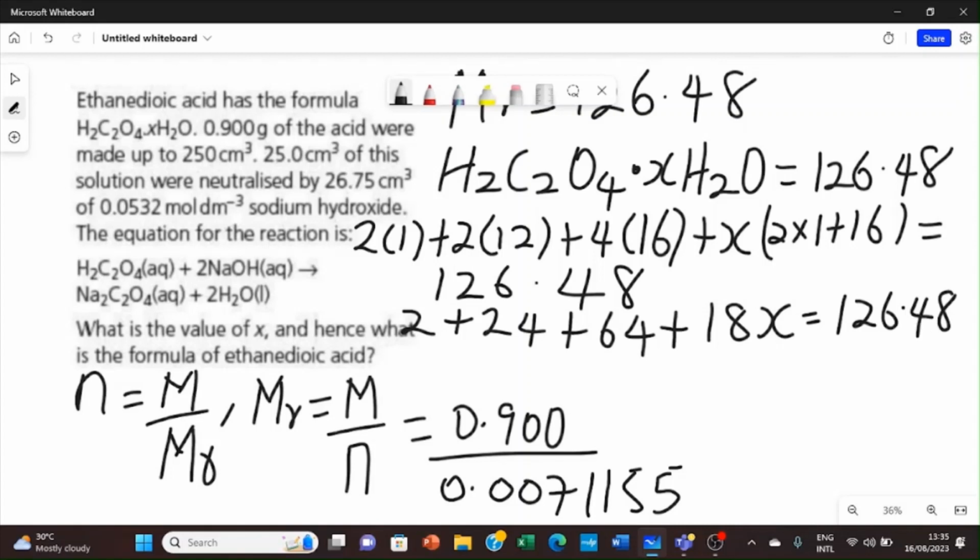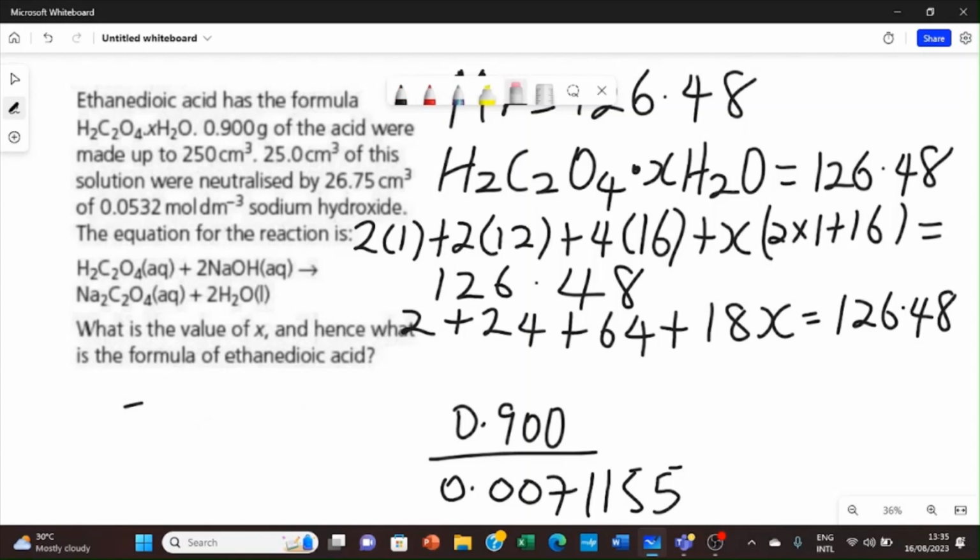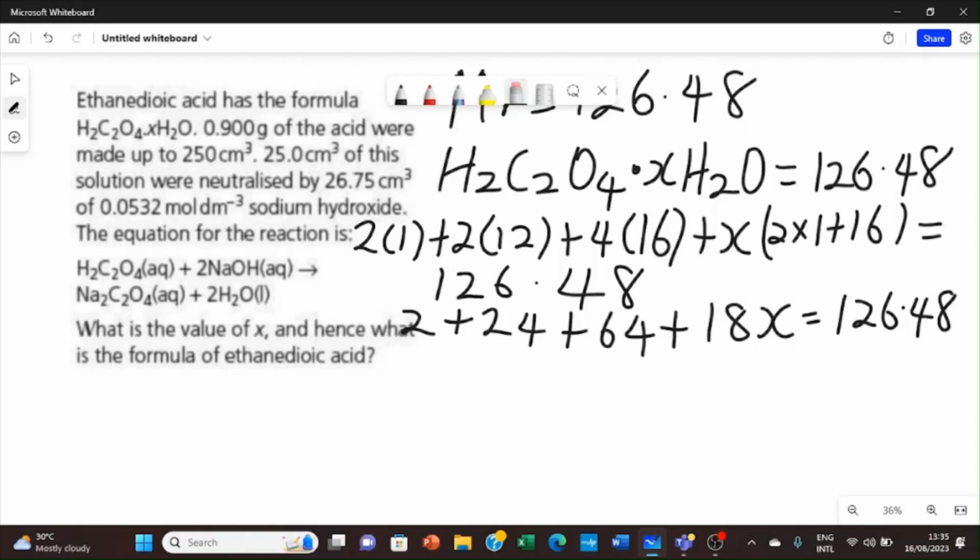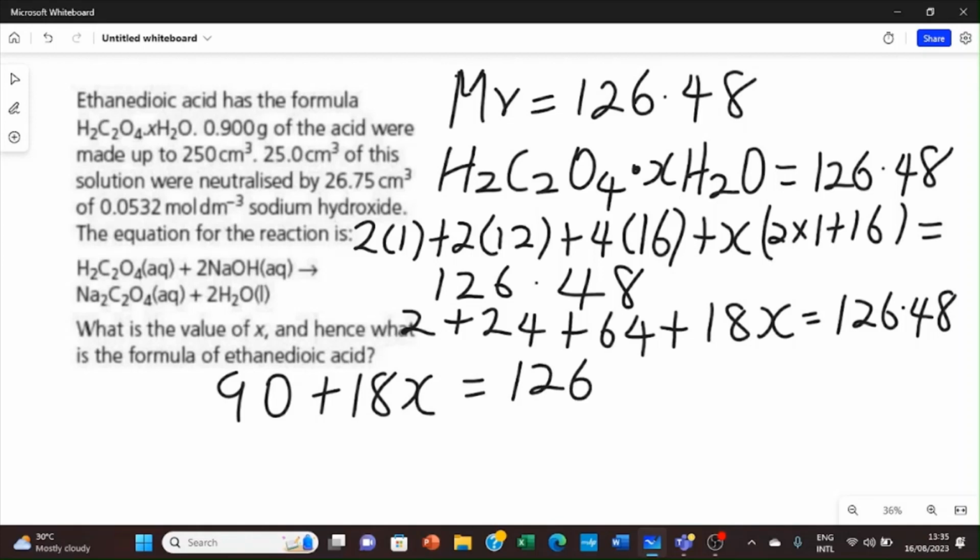126.48. So erase this. 2 plus 24 plus 64 is equal to 90. So 90 plus 18x is equal to 126.48.